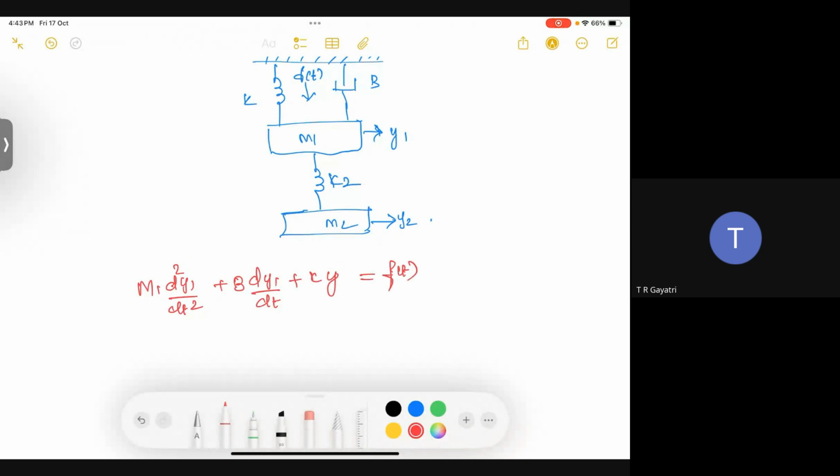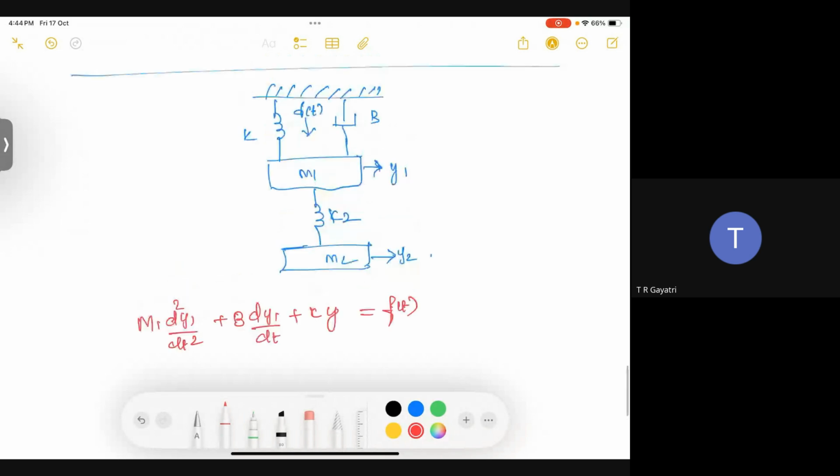Any doubt in this? Am I missing anything here, or is everything okay?